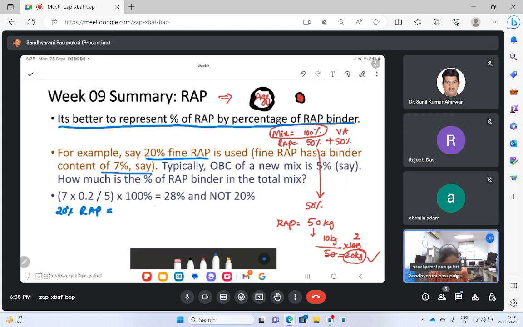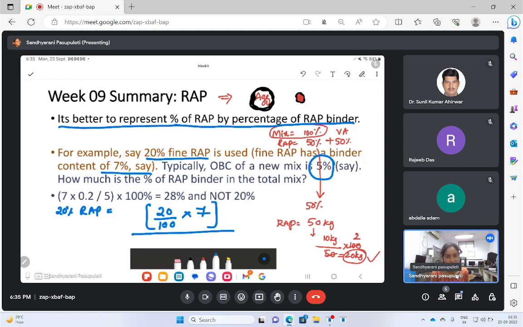So out of this 20%, 7% is the binder. It also has been given that the total mix has 5% of binder. So let us say 7% is the binder in this RAP. To this RAP I am going to add new binder and new aggregate, then I am going to prepare the mixture.